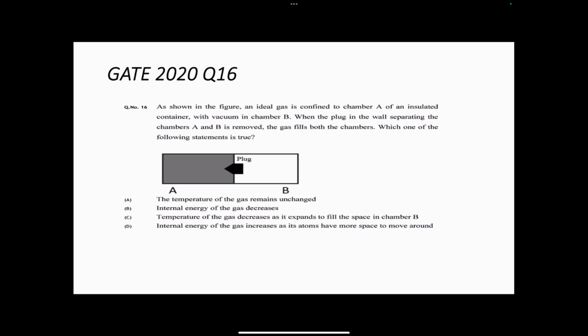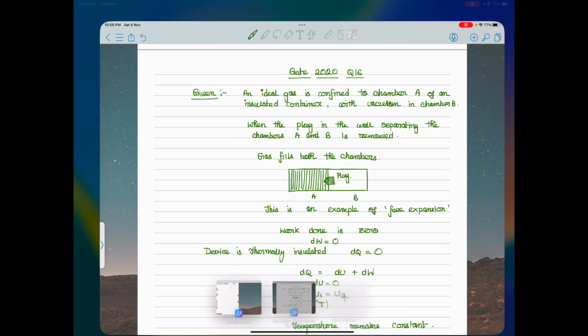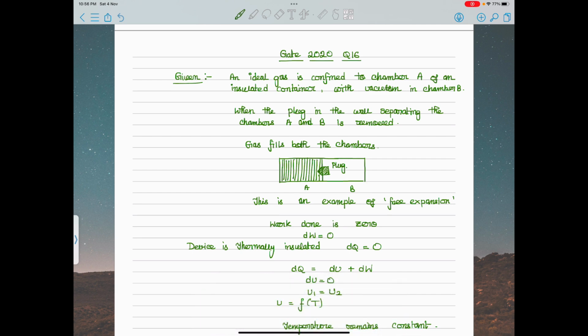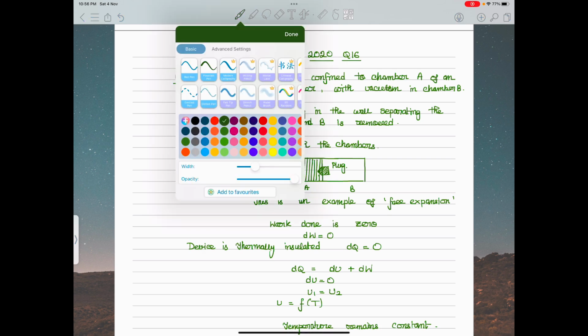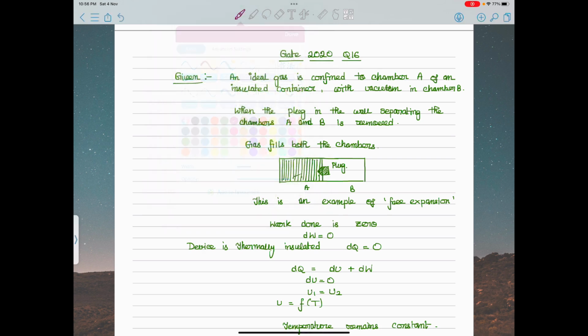So, if you just see the solution of this. What is given is that an ideal gas is confined to chamber A here. Let me change the color. So here the ideal gas is confined, and this side it is vacuum.